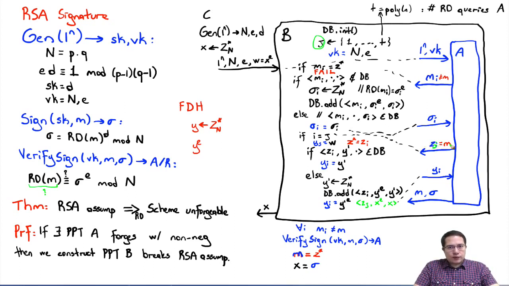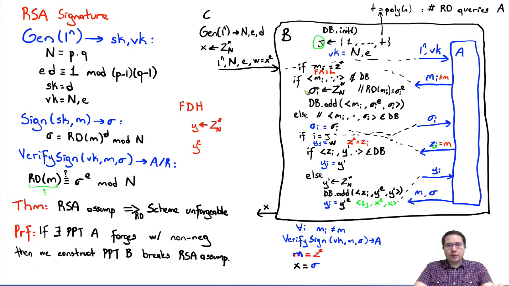When the adversary queries for M, we give back W, which is x to the power e, in response. If the adversary ever manages to forge a signature on that M, we know that that signature is indeed X, so we win. So if B guessed the value of J correctly and A wins, so two conditions, then B wins.